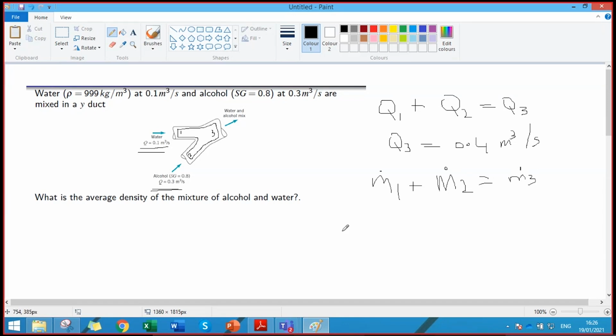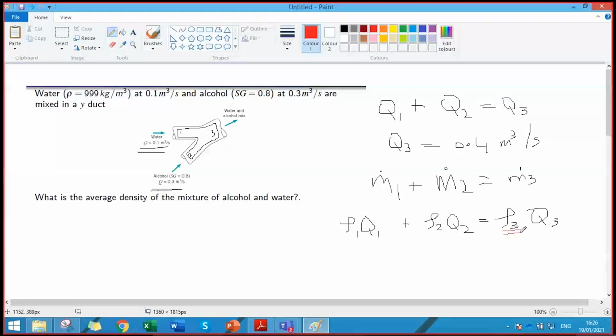Or rho 1 Q1 plus rho 2 Q2 should be equal to rho 3 Q3. Clear? Yes, sir.